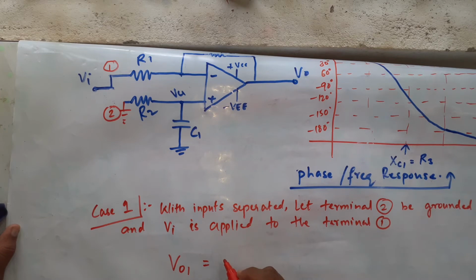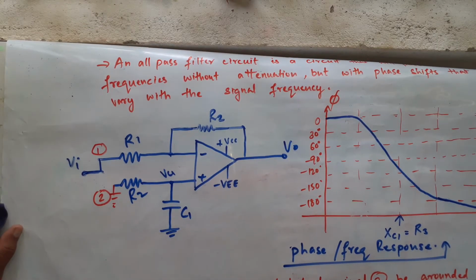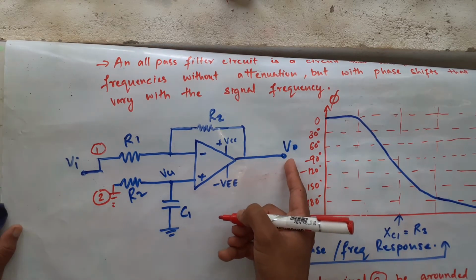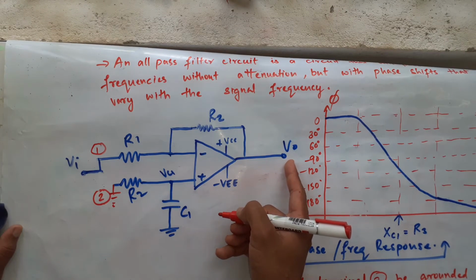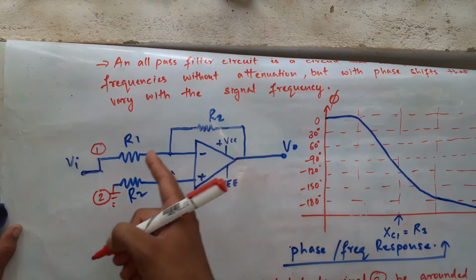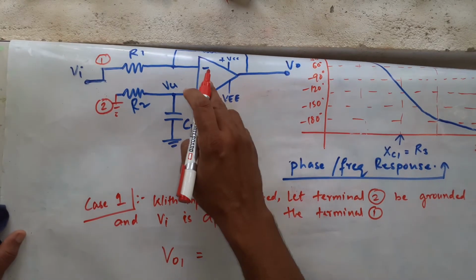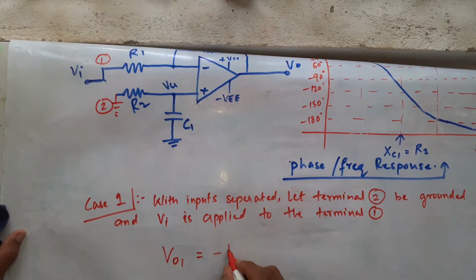So how can we write the output? The gain is feedback resistance by input resistance, isn't it? Because input is given to the inverting terminal, we can write minus R2 by R1 into input.